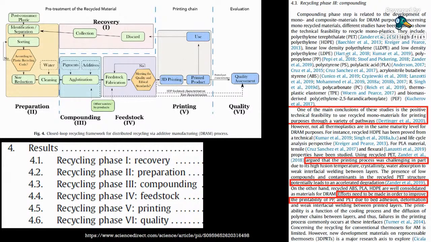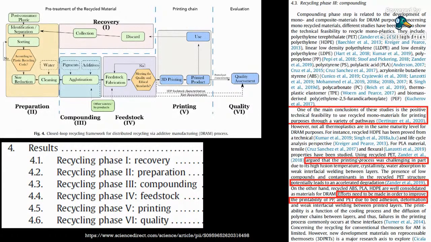And then some literature about different pigments and additives and different references for that. One of the main conclusions of these studies, so after introducing this, they're providing a conclusion that is derived.